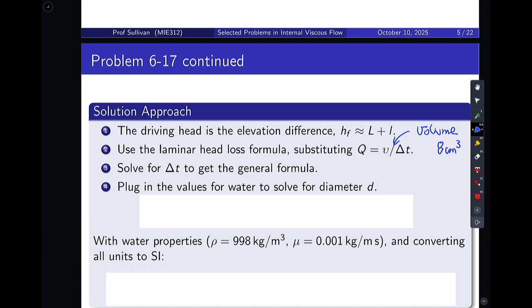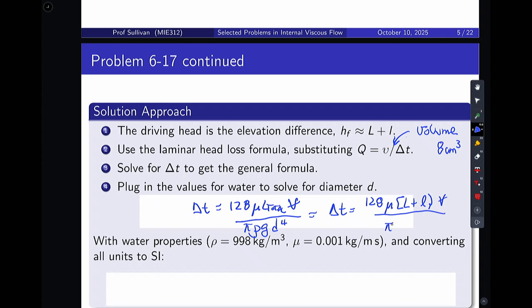So delta T is equal to 128 mu (L plus L) times volume, divided by pi rho g d to the 4th.